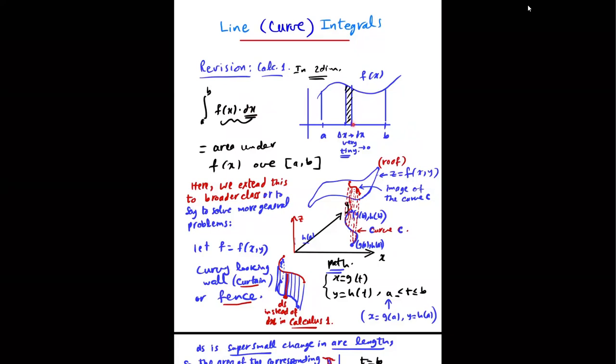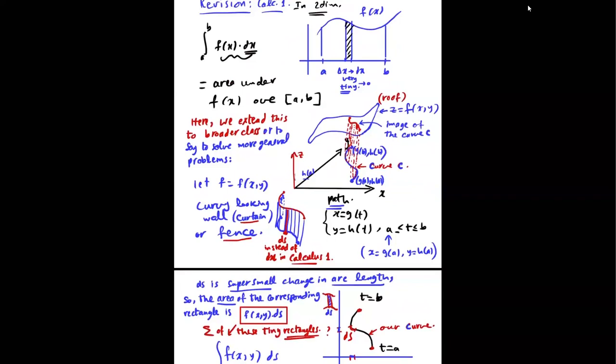Here we used to calculate the integral of f of x dx from a to b, which calculates the area, provided that this function is positive or non-negative at least. It gives the area between the curve of this function and the x-axis, from the line x equals a to the line x equals b.